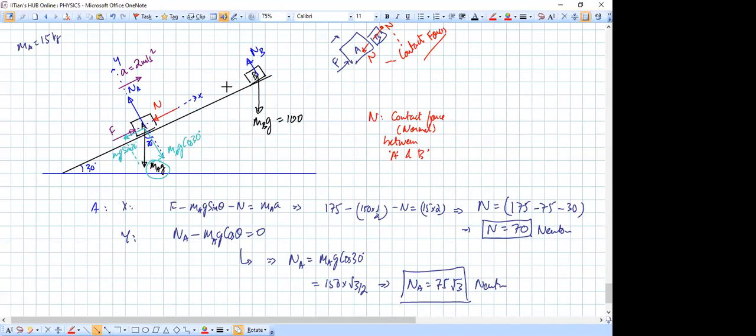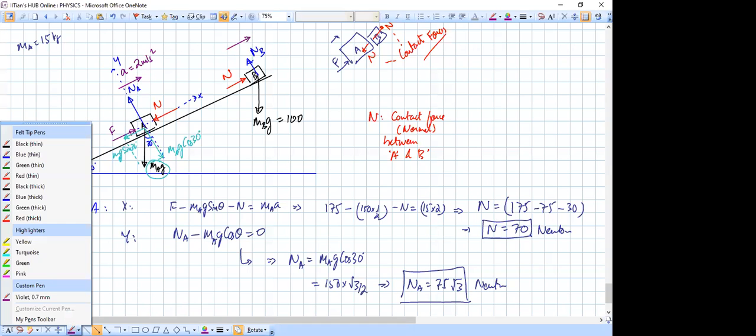Its counteractive force is this force. Okay, and this all together is creating the acceleration, which is the same along the inclined plane.